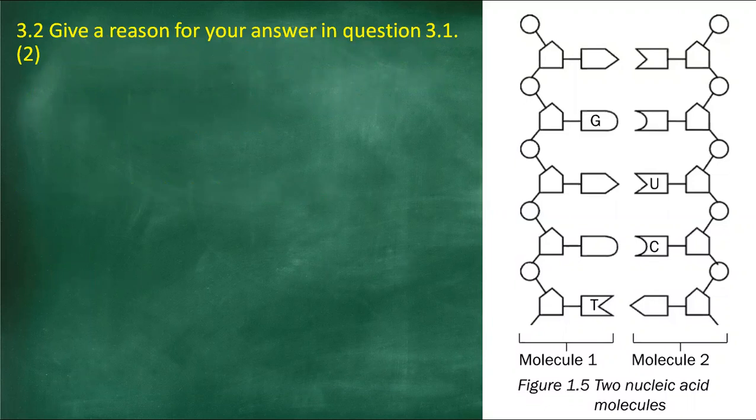I asked a follow-up question: give a reason for your answer in question 3.1. It's just like what I've asked you. In one way or the other, you have answered this question.